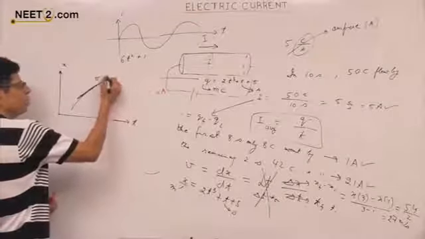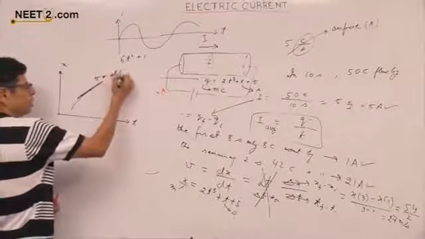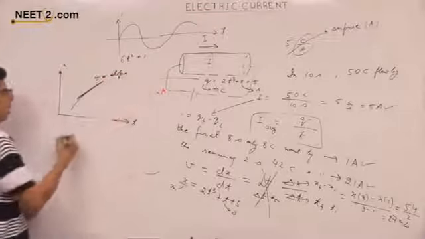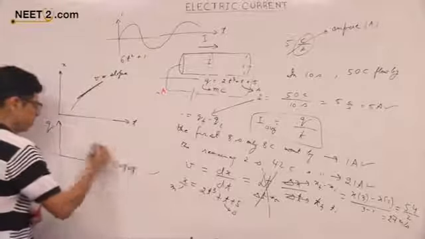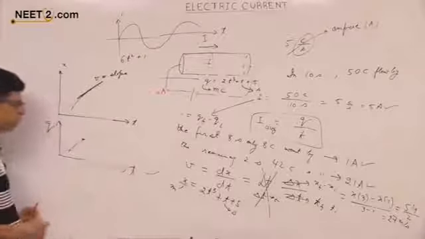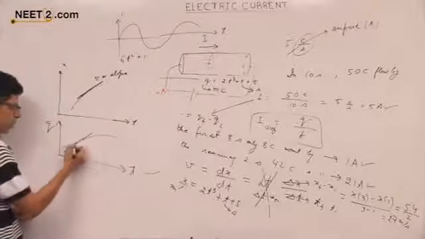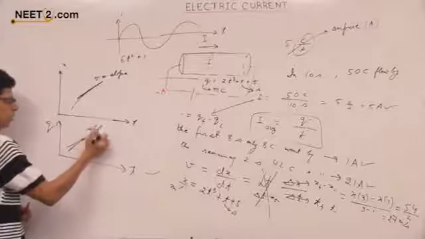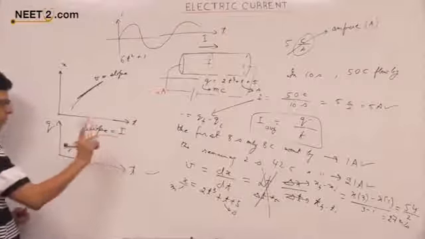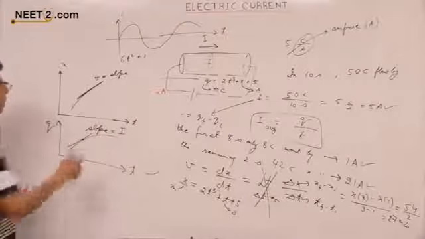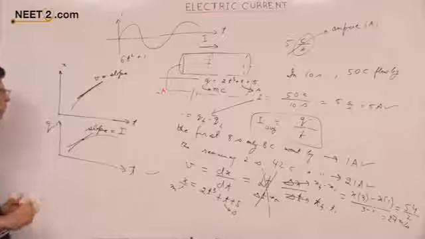Okay, so v is the slope of the tangent. So now I don't have to tell you that in a q-t graph, if somebody asks you what's the instantaneous current, it's the slope of the tangent. Without a subscript, it automatically means instantaneous current, just as v means instantaneous velocity.